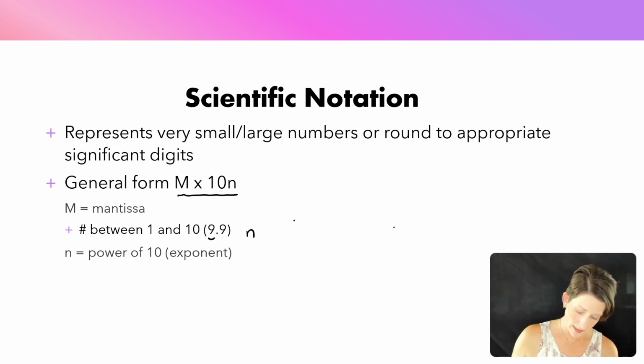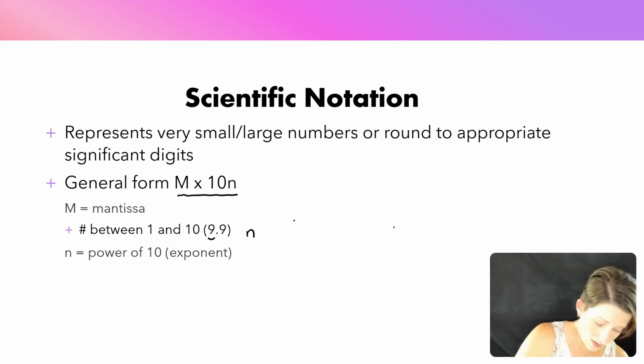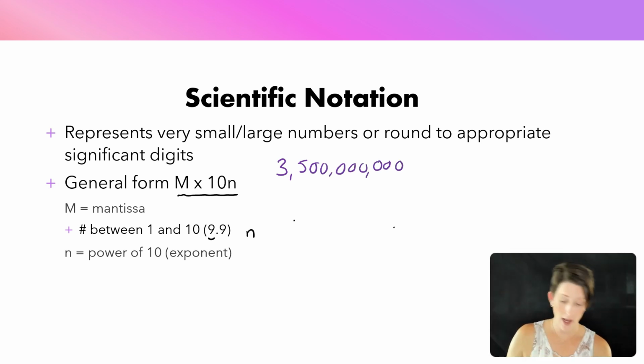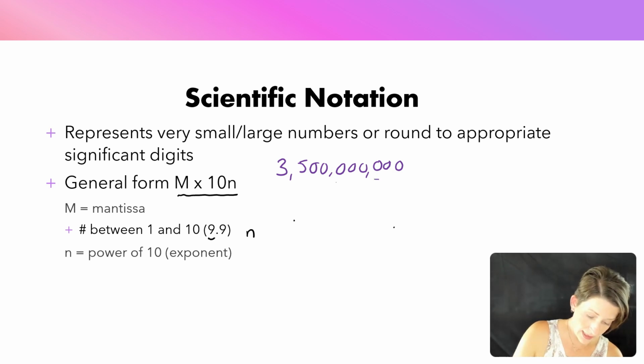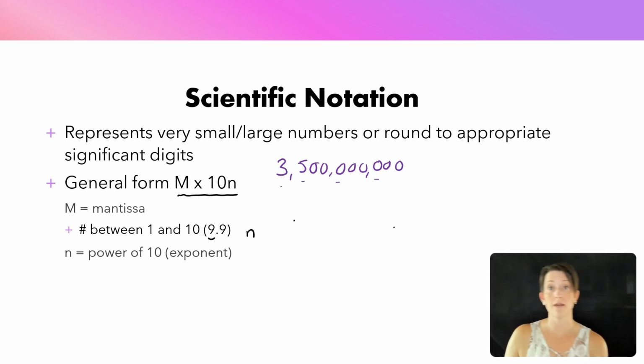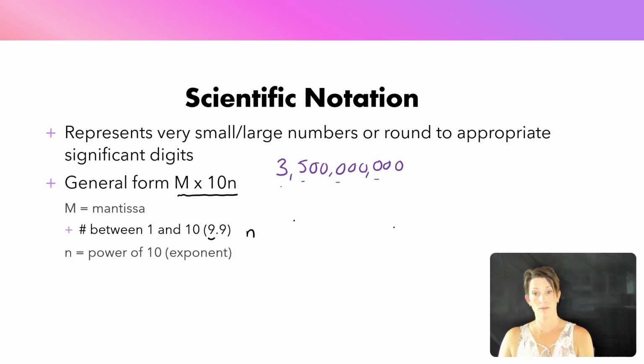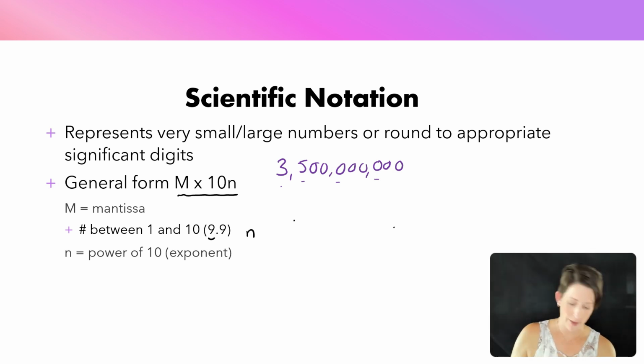What this looks like. Let's say we have a number. So we've got our hundreds, thousands, millions, so 3,500,000,000 as our number.